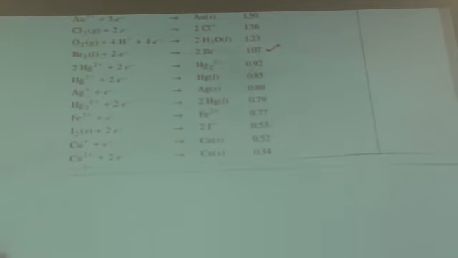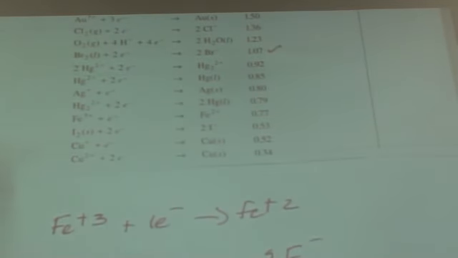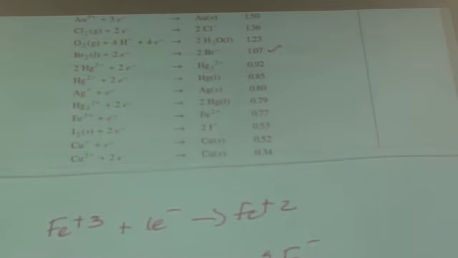Okay, let's say I have lead plus 3 and this and this. Which one will be reduced first? Chlorine. Okay, then which one will be reduced?